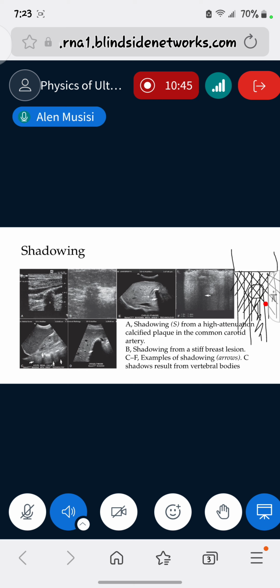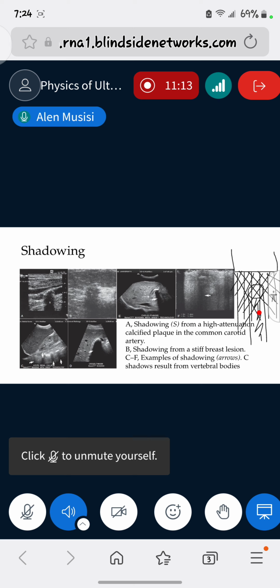These beams that go around the structure interrogate the structures below this attenuating structure and reveal them. So that is what we call spatial compounding, steering the beams in various directions such that the structures which were initially in the shadows can be revealed. So that is shadowing.